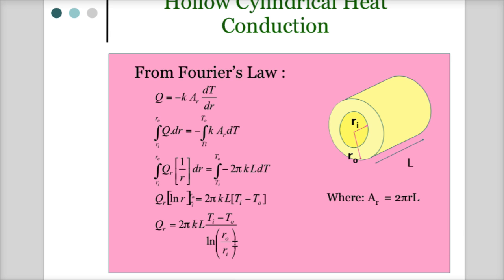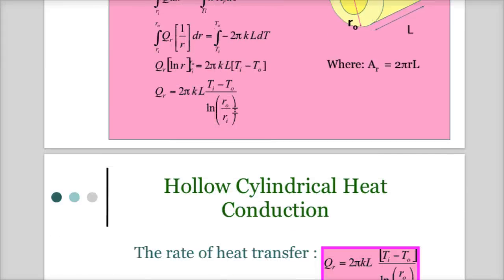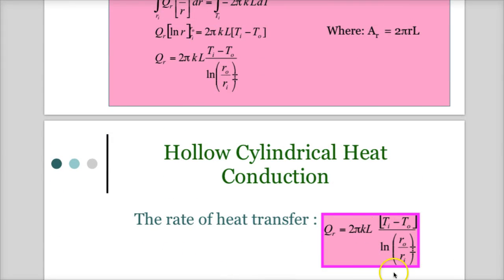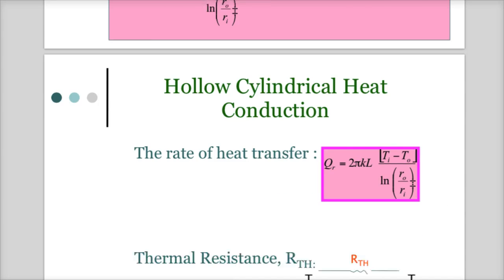All right, so it becomes that. So that's how you deduce it for cylindrical heat conduction. And that's the rate of heat transfer. Actually, anyway, I'll explain that after we discuss the sphere.